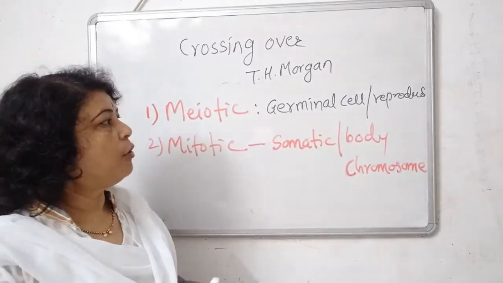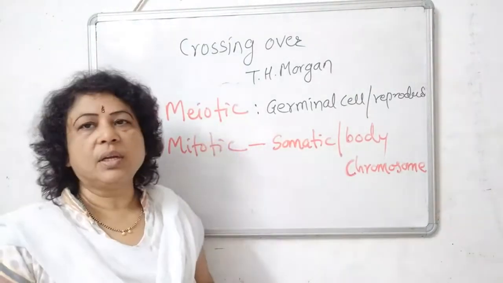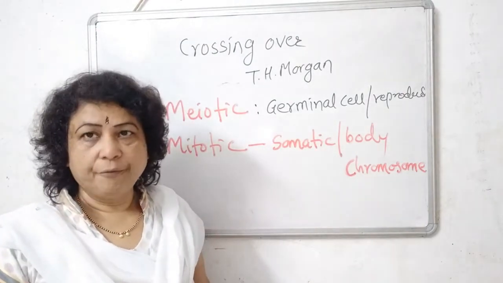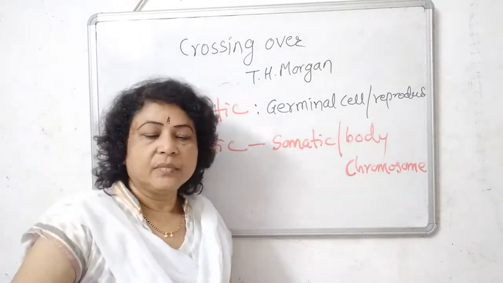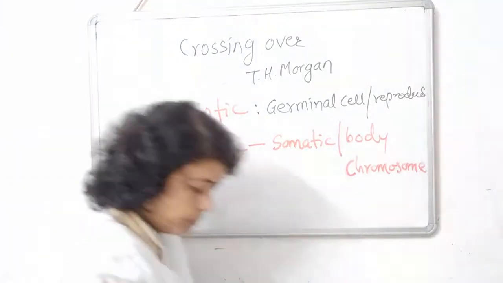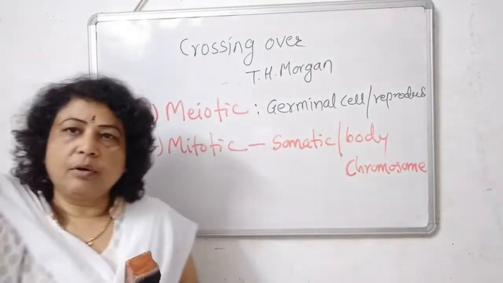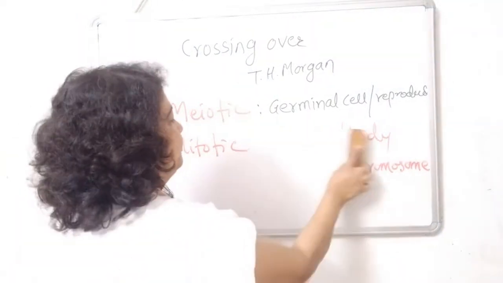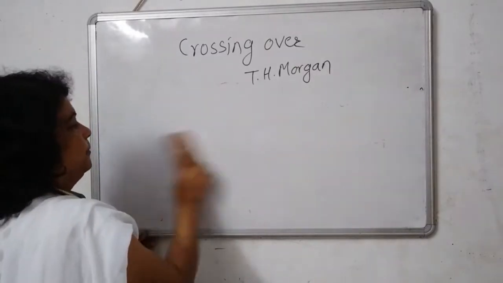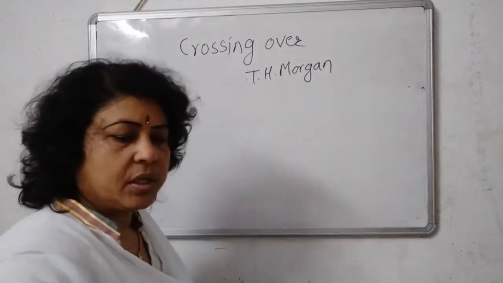At the time of gamete formation, meiotic crossing over takes place, and it is a very common and universal phenomenon. Then we will discuss the meiotic crossing over.